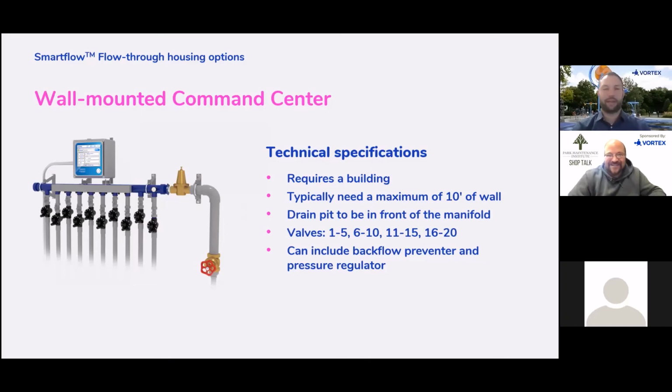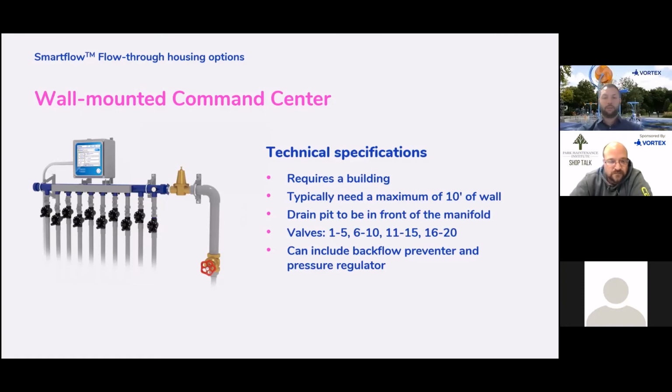We can include a backflow preventer and a pressure regulator. Pressure regulator, I really suggest it. Obviously it's another extra cost, but I just see them do wonders, because otherwise we're simply relying on city water pressure, and sometimes you have too much.